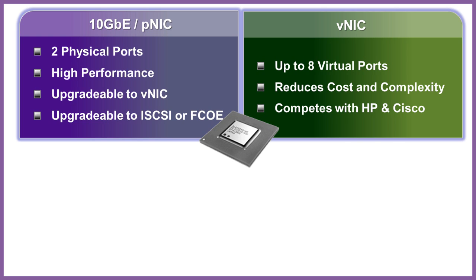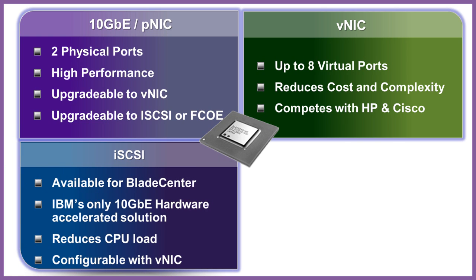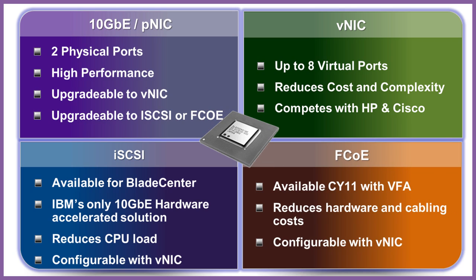VFA2 can also be configured with iSCSI, which is available for IBM Blade Center, is also IBM's only 10 gig Ethernet hardware accelerated solution, which therefore reduces CPU workload and is configurable with vNIC. Fibre Channel over Ethernet is also available right now with Virtual Fabric Adapter 2, which reduces hardware costs and cabling and is configurable also with vNIC functionality.